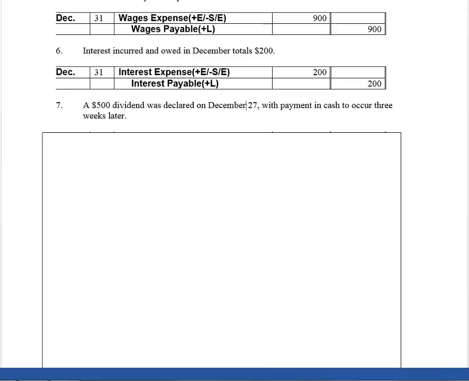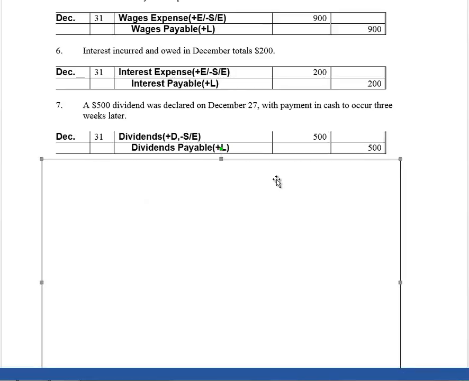So our journal entry is going to debit dividends or dividends declared and credit dividends payable for $500. This is your liability, and don't forget dividends payable are a current liability, and this is your debit to dividends, or some of you might want to call it dividends declared. That's also an acceptable term.